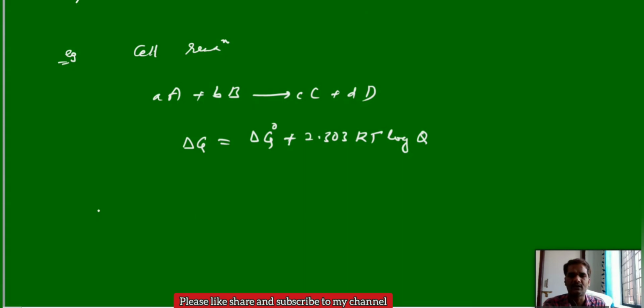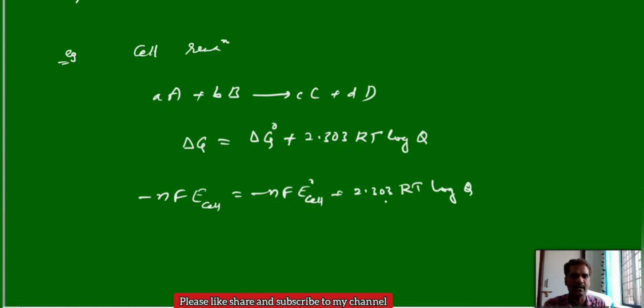And from this we know delta G is minus nF E cell, that you substitute here, and delta G naught is minus nF E naught cell, plus 2.303 RT log Q, the reaction quotient.